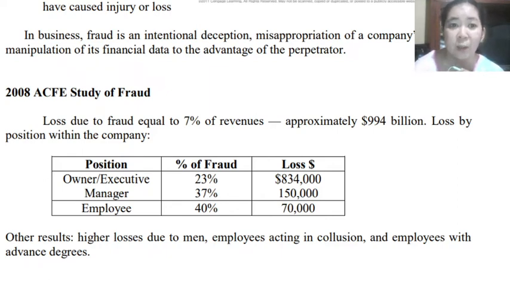So this is the loss due to fraud equal to 7% of revenues, approximately $994 billion. So that's a great amount. Okay, so loss by position within the company.